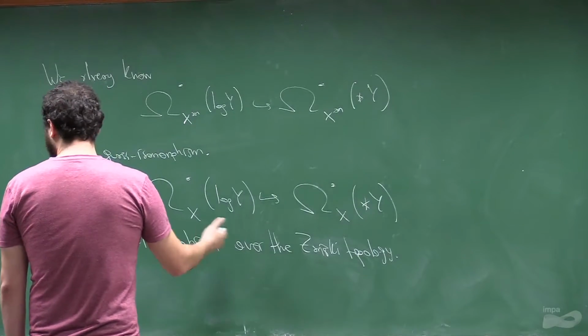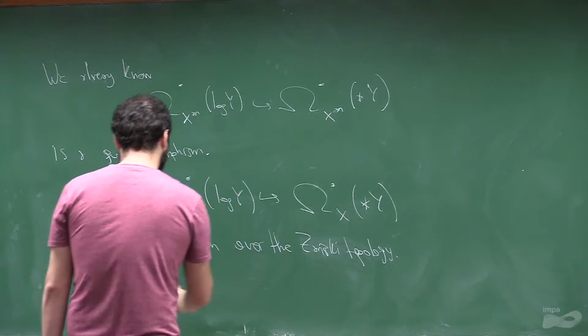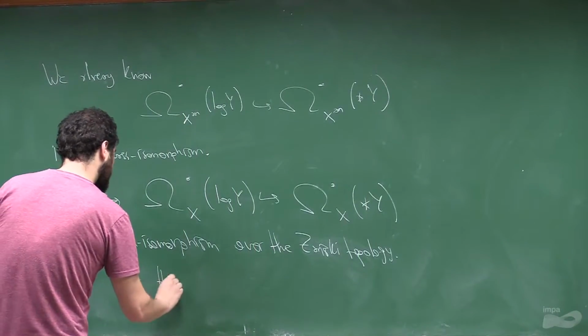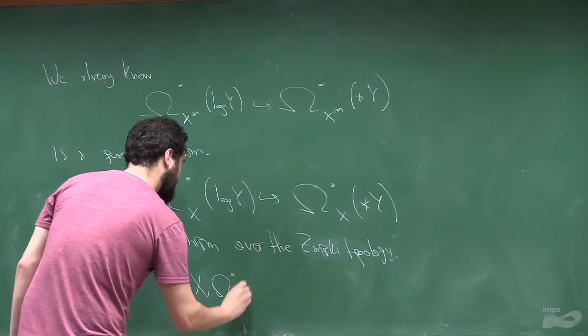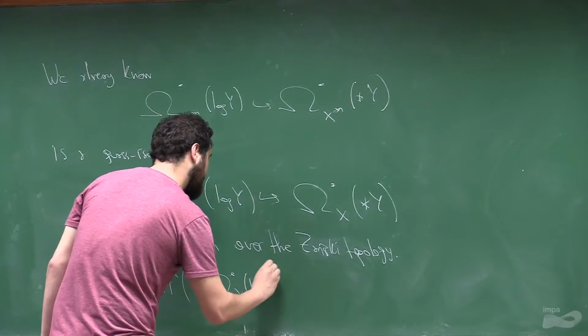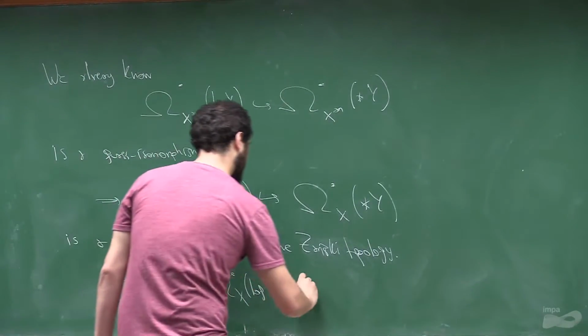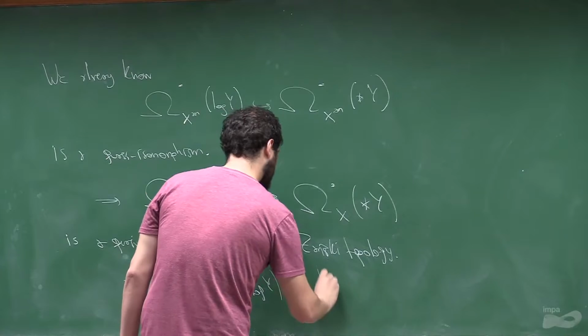Okay, so we know that this is a quasi-isomorphism, and so the hypercohomology here is exactly the algebraic de Rham cohomology, right?